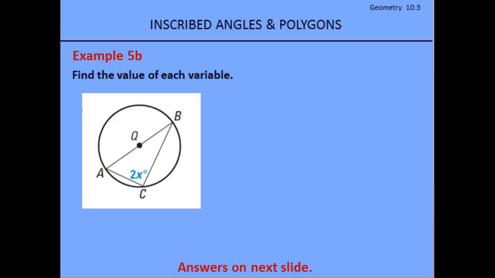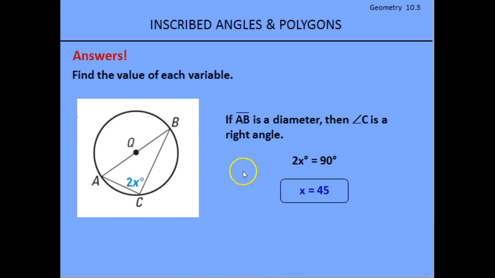Okay, here is your answer. Ta-da! If HB is a diameter, then C has to be a right angle. Therefore, 2x has to equal 90 degrees. Divide by 2, x equals 45. Very simple math. As long as you can remember what the theorems are, that's the key.